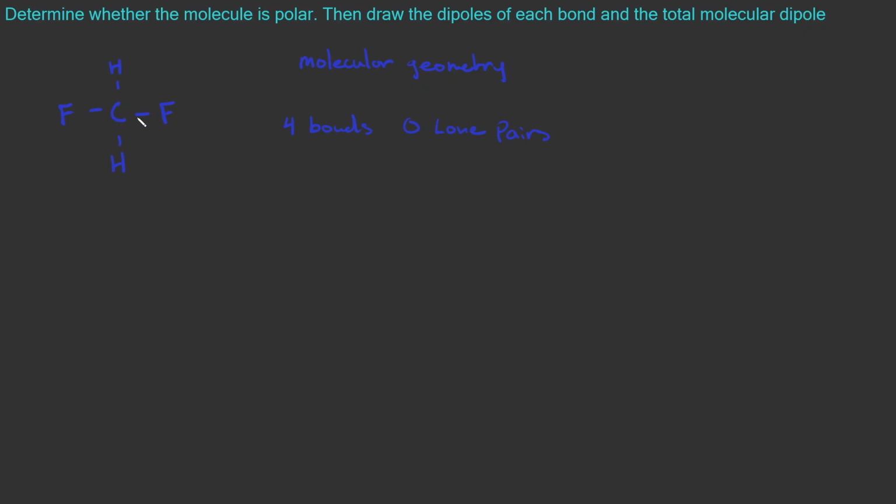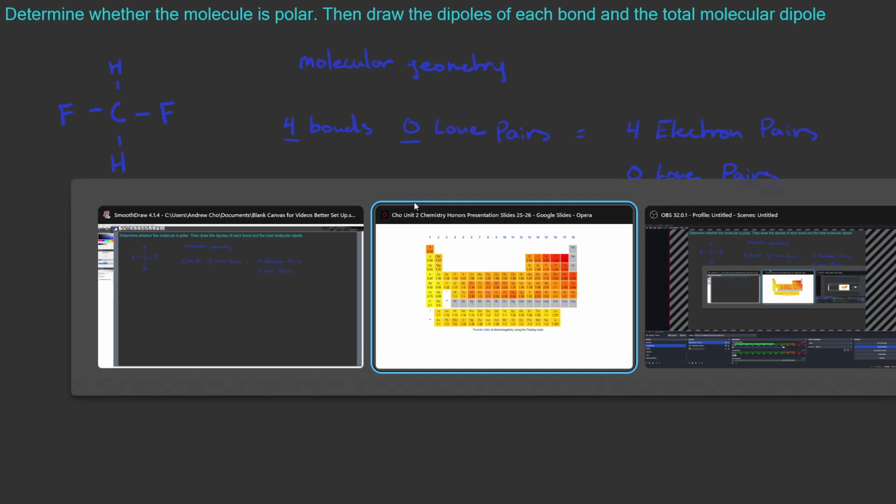So this carbon has 1, 2, 3, 4 bonds, and then there's 0 dots associated to it, and so it has 0 lone pairs. And so this has a total of 4 what we call electron pairs. And so in this case, if you have 4 electron pairs with 0 lone pairs, we could actually figure out the molecular geometry of this molecule.